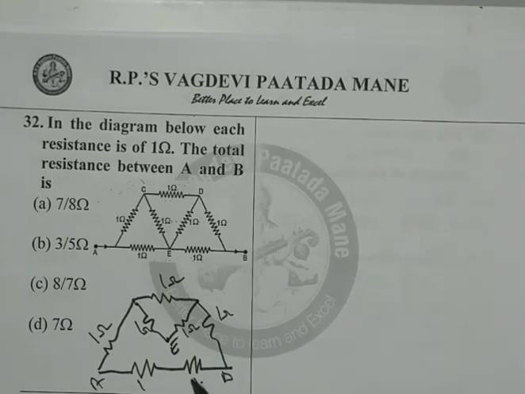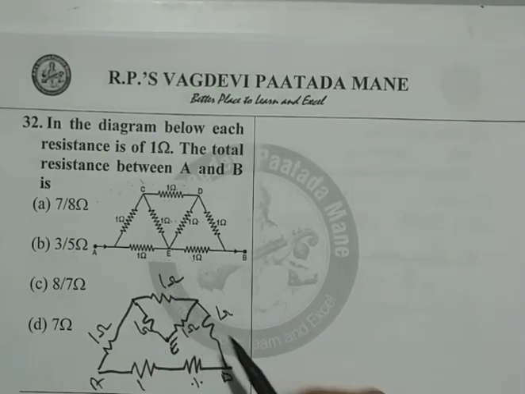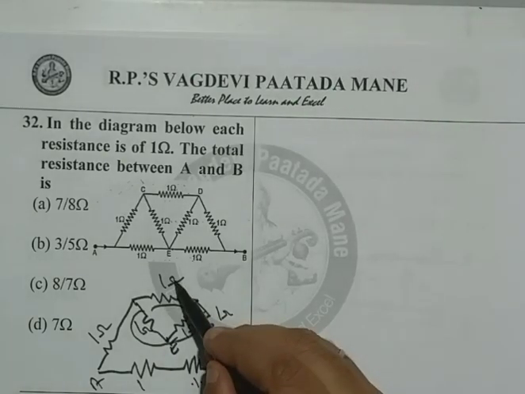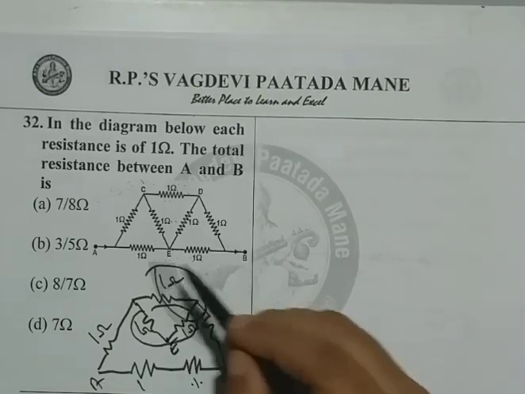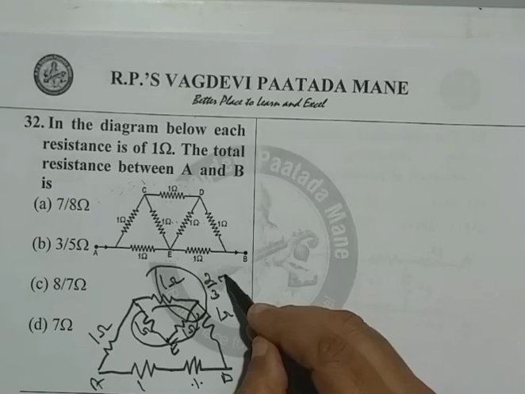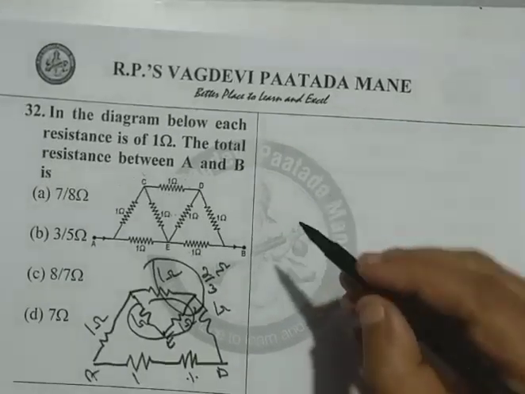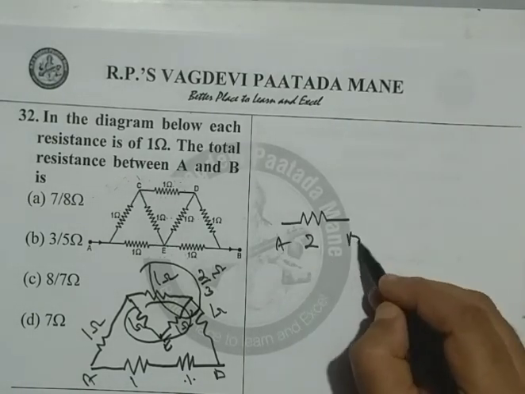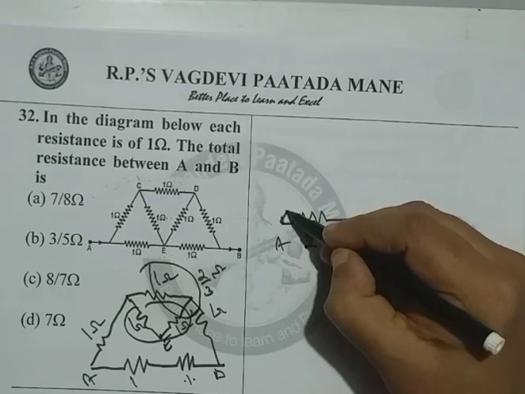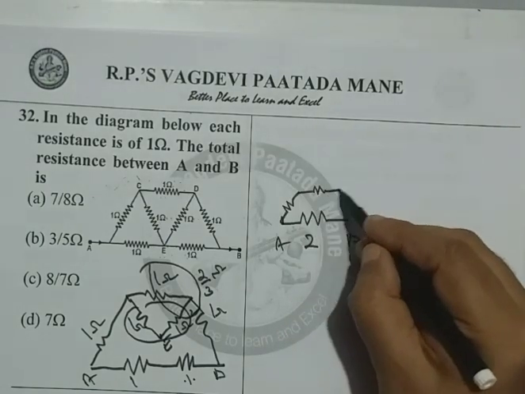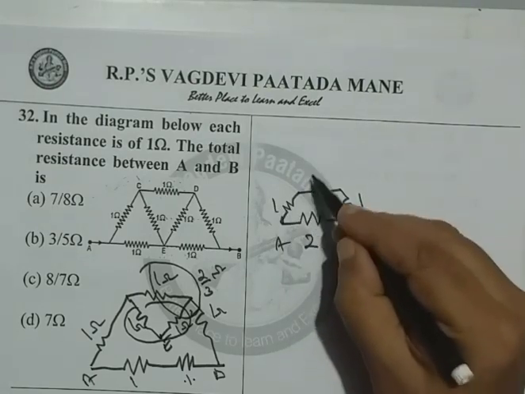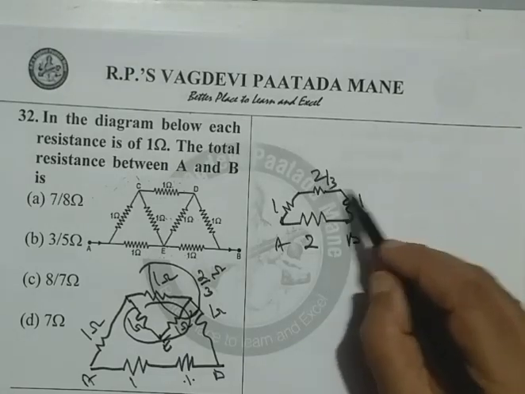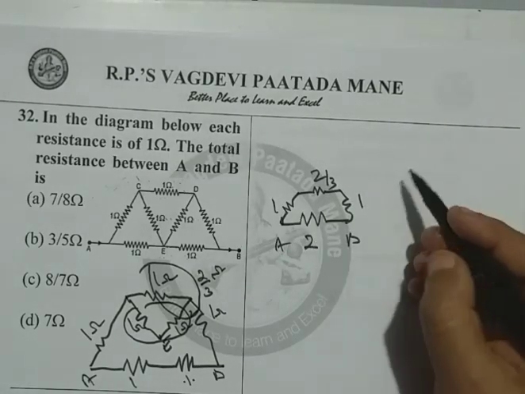Observe, these two are in series, these two are in series and parallel with 1. So, these two are in series, result in 2 ohms, and this is in 1 ohm parallel. Say these two is 2 by 3 ohms. Now the final circuit, very simple circuit, is 2 ohms here in the bottom A and B, and here it is 1 ohm, it is 2 by 3, and it is 1, 1, 1, 2 by 3 and 2. Now 2 by 3 and these are all in series except for this 2.